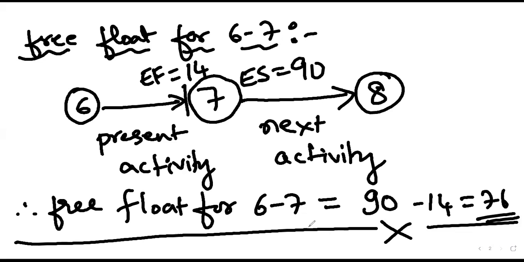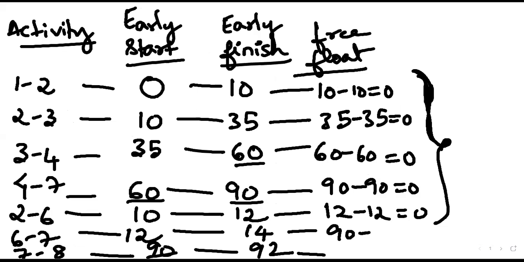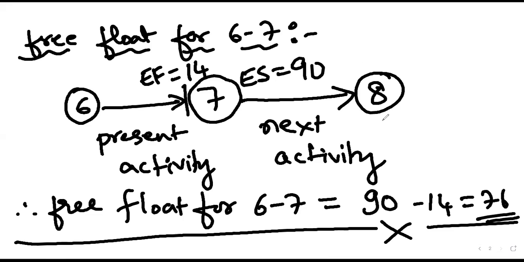After 7-8, there are no activities. So in this case, what will be the early start of the activity that starts from the 8th node?